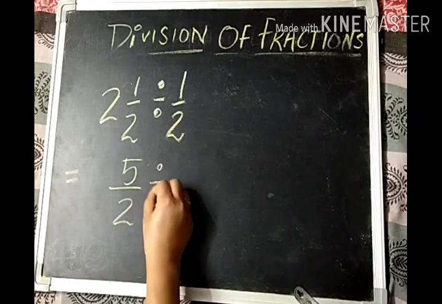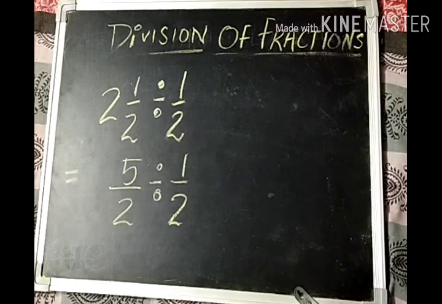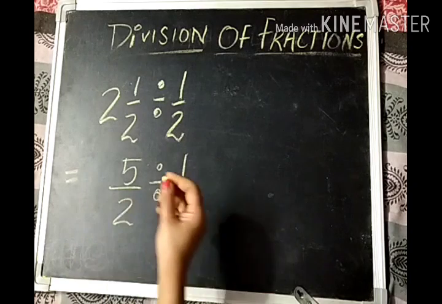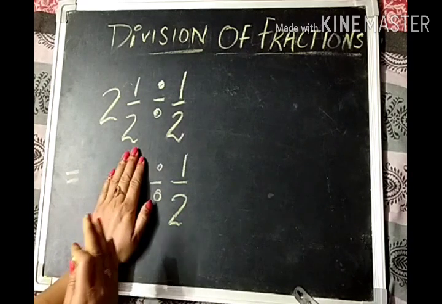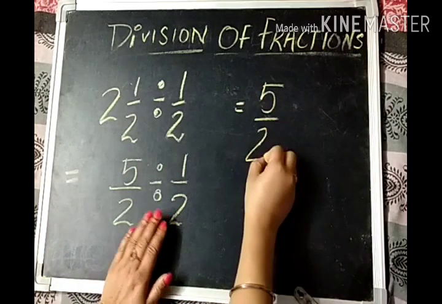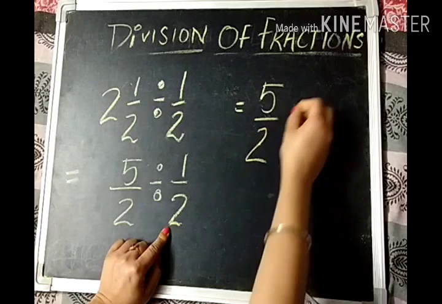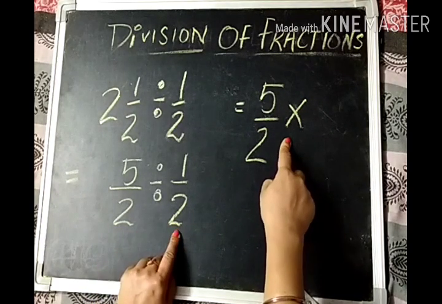Now it's easy. 5 halves divided into halves. There will be 5 halves, but how will we work it out? So we'll keep it like this as it is. We will not change it. 5/2 will be written as it is. Firstly, we'll change the sign to a multiplication sign.